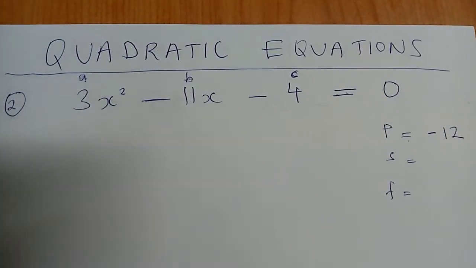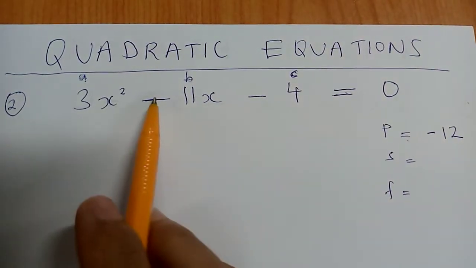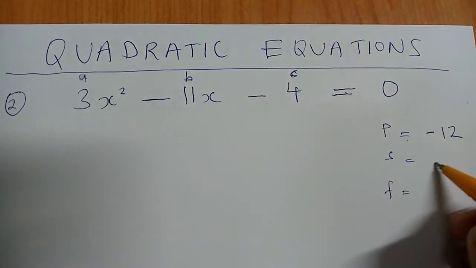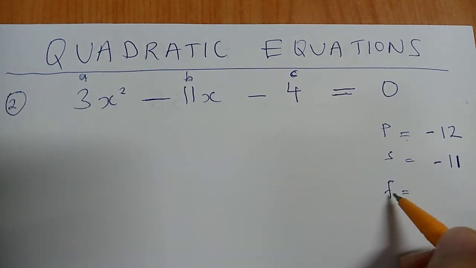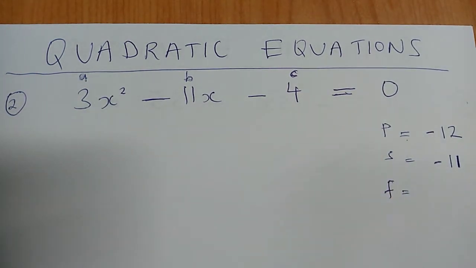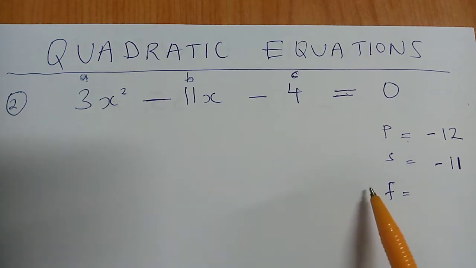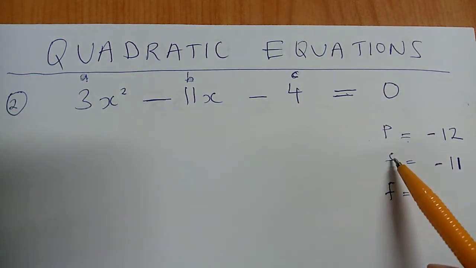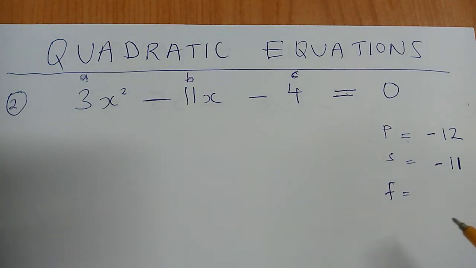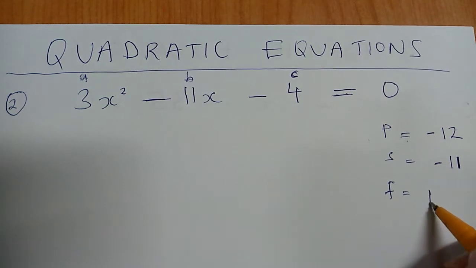The sum is represented by b, and b was negative 11, so our sum is negative 11. When looking for factors, you look for two numbers which, when multiplied, give you the product, and when added, give you the sum. So which two numbers can give us 12 when multiplied?